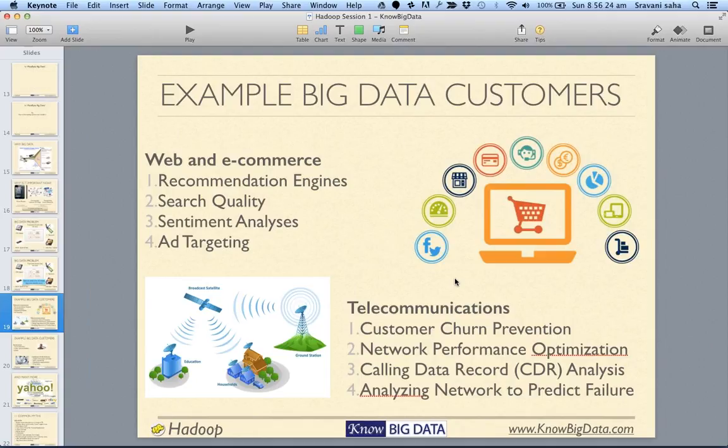Okay. Then there is network performance optimization, such as the capacity management of the various network towers, and there are a lot of things telecommunication companies are doing in order to retain their customers and improve the customer experience, and all of this is easily done using big data.